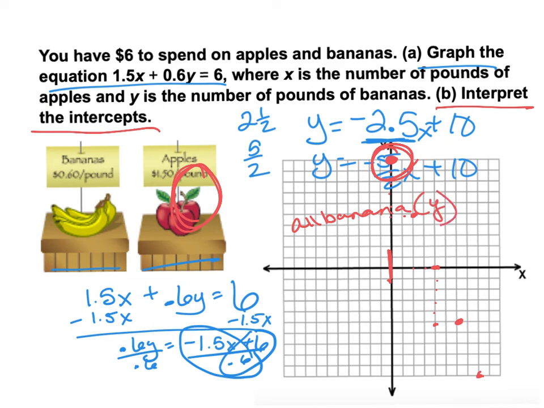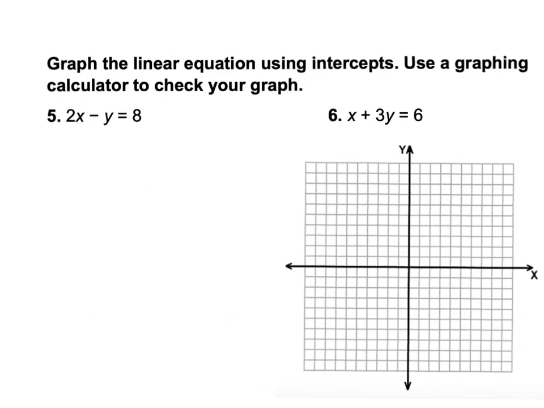Whatever y is, that's how many we buy if we just bought bananas. Down here, our x-intercept is the opposite, all apples. If we bought 0 bananas, this is how many apples we would be able to buy. This is kind of how we are going to talk about solving these with intercepts.